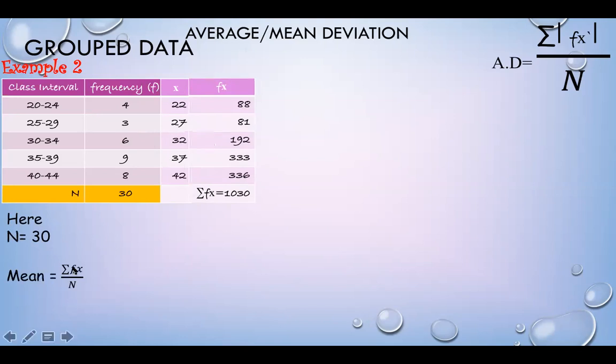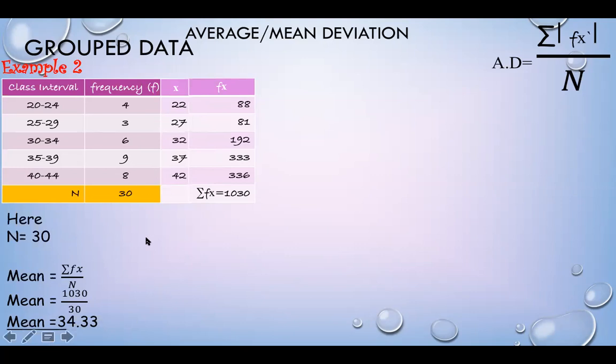Mean is equal to the summation of fx divided by n. Here the summation of fx is 1030, and we have to divide that by the number, 30. So here the mean comes out to be 34.33.